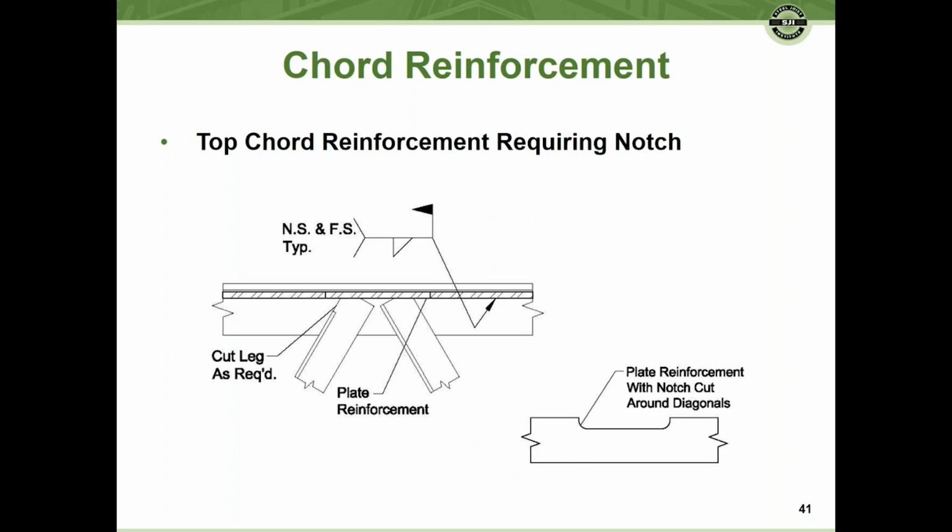In this particular case, if those webs are right up tight to the chord, you may not be able to get our reinforcing plate as tight to the vertical leg of the chord as we'd like, and so in that case, we can notch that plate out so that it goes around those diagonal webs.